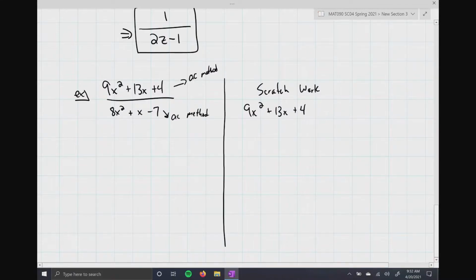So let's go ahead. Let's use the AC method to try to factor 9x squared plus 13x plus 4. So I get my idea. Then I take a times c, which is going to be 36. I write out the factors of 36.